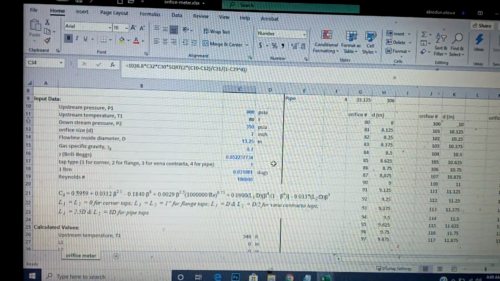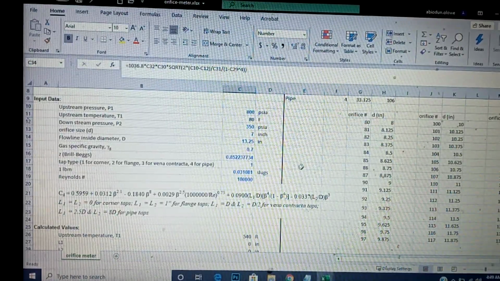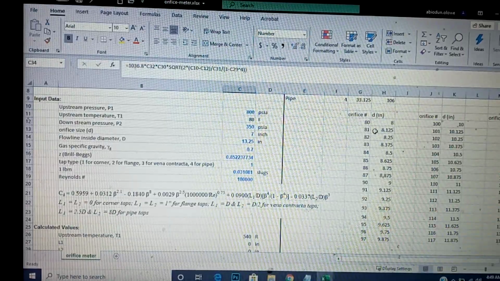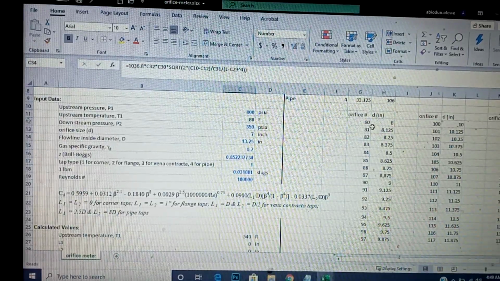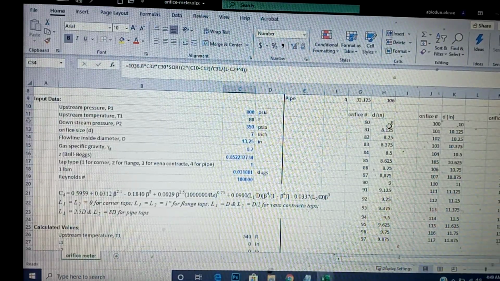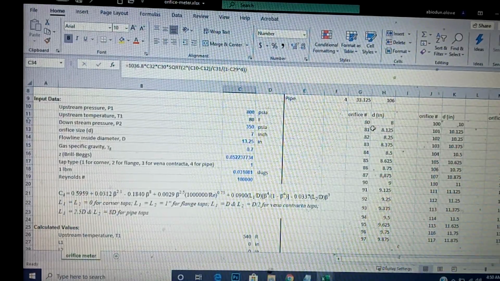Now, again, the company supplies the orifice in increments of 1/8 inches. So now look at it. If I say area, that means 8 inches plus 0. The last number is just the eighth. So area is 8 inches plus 0/8, so it's 8 inches.